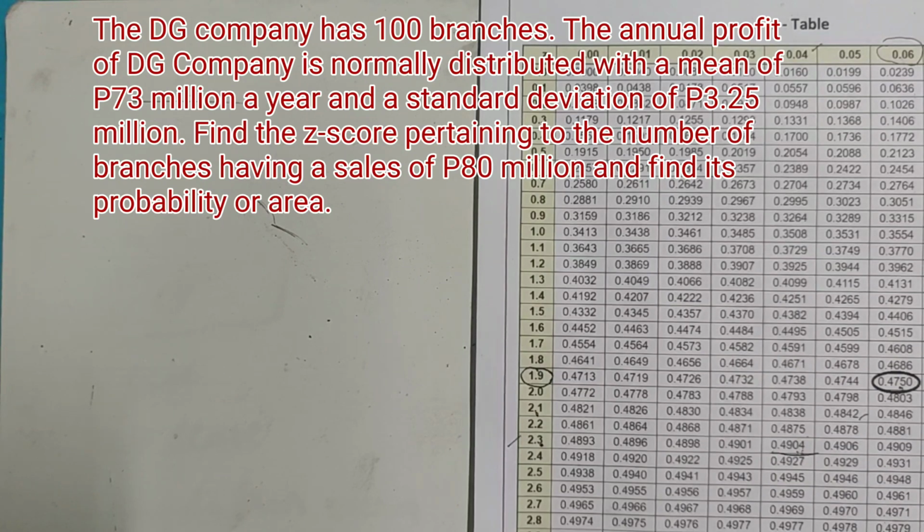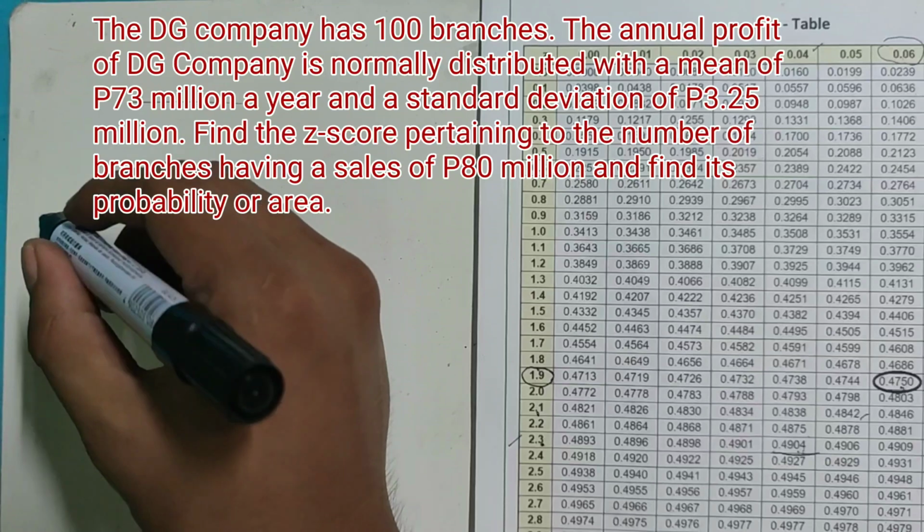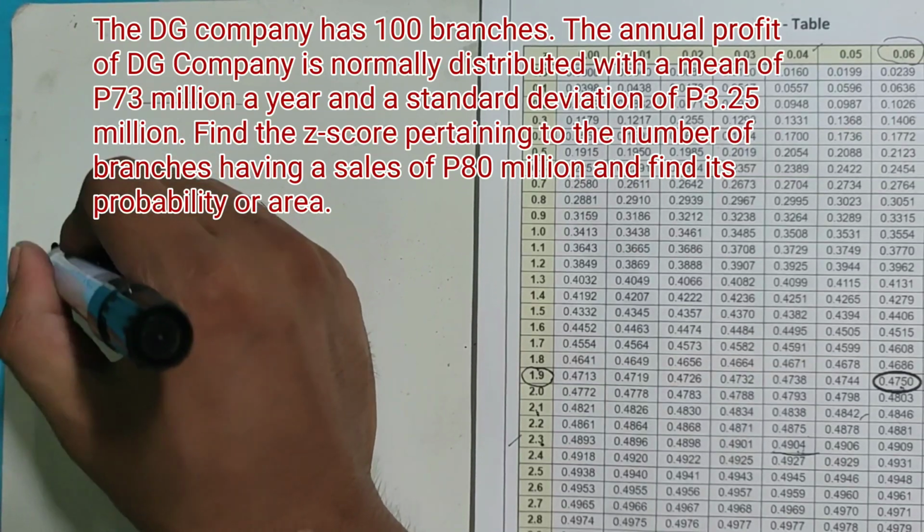The annual profit of DG company is normally distributed with a mean of 73 million a year and a standard deviation of 3.25 million pesos. Find the z-score pertaining to the normal number of branches having a sales of 80 million and find the probability or find the area. Okay, so in that given, we have here the solution.